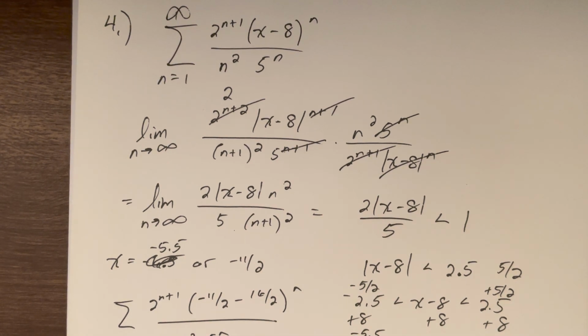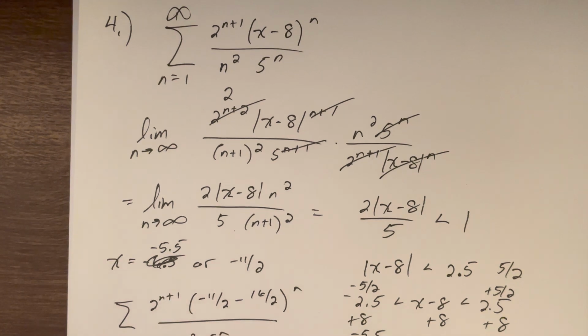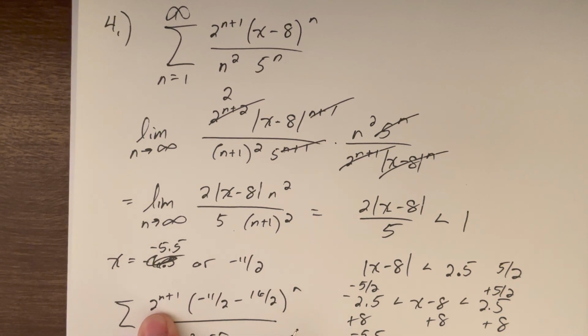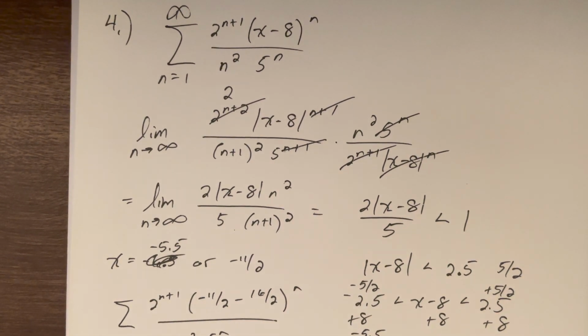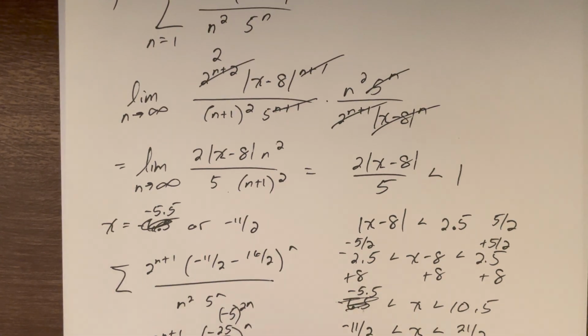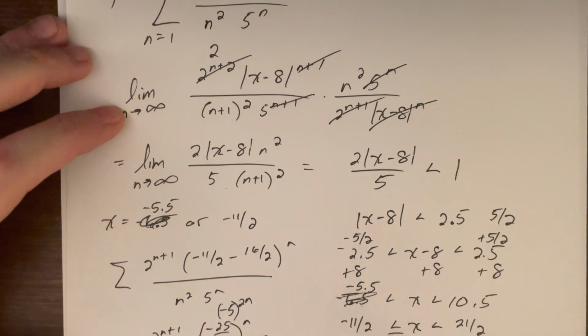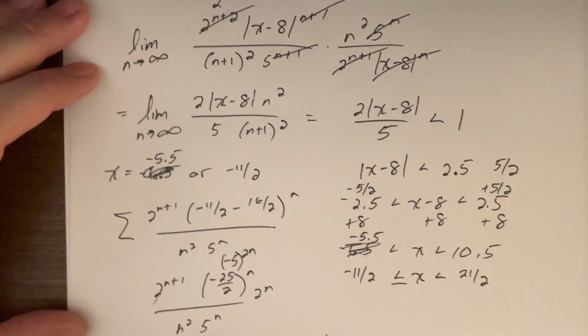There are other ways you could make things nice to clean up. You could break these down to combine it. This is 2 to the n times 2, and 2 to the n over 5 to the n can become 2/5 to the n. So there are little other things you could do to manipulate this, but by using the fractions, it became a little bit cleaner to see that canceling. And similar with the other side.